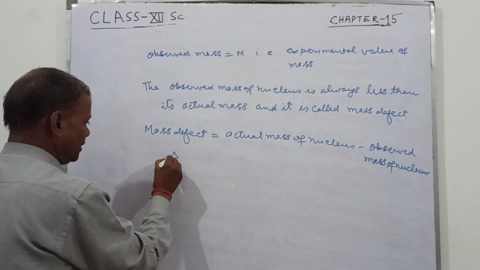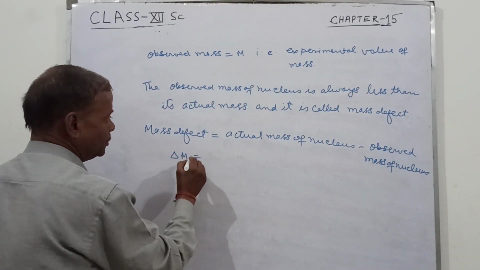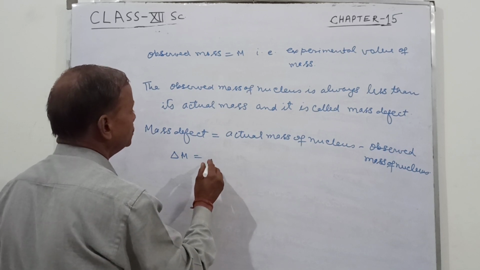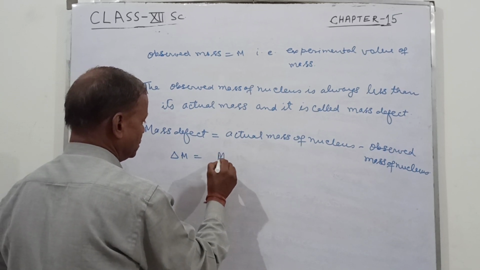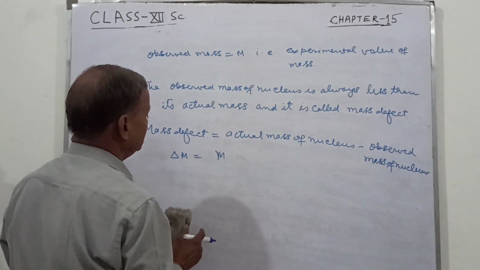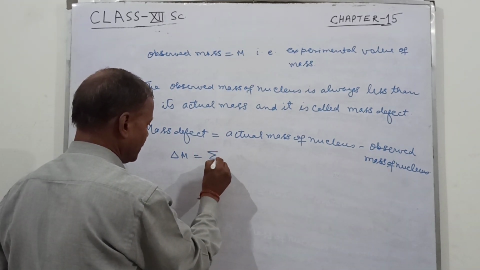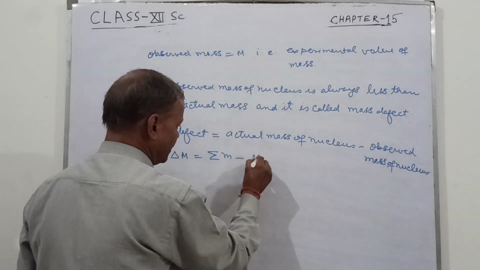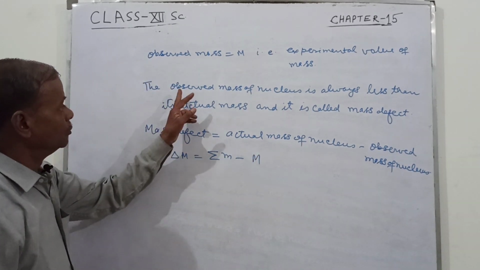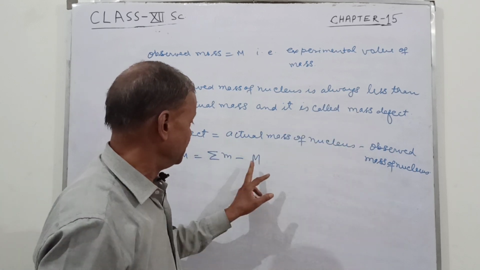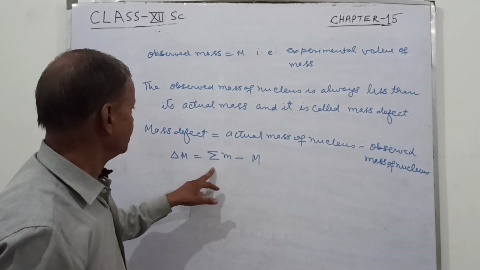So this delta M is equal to sigma m minus capital M. Observed mass is always less. This is less than this, the actual mass.